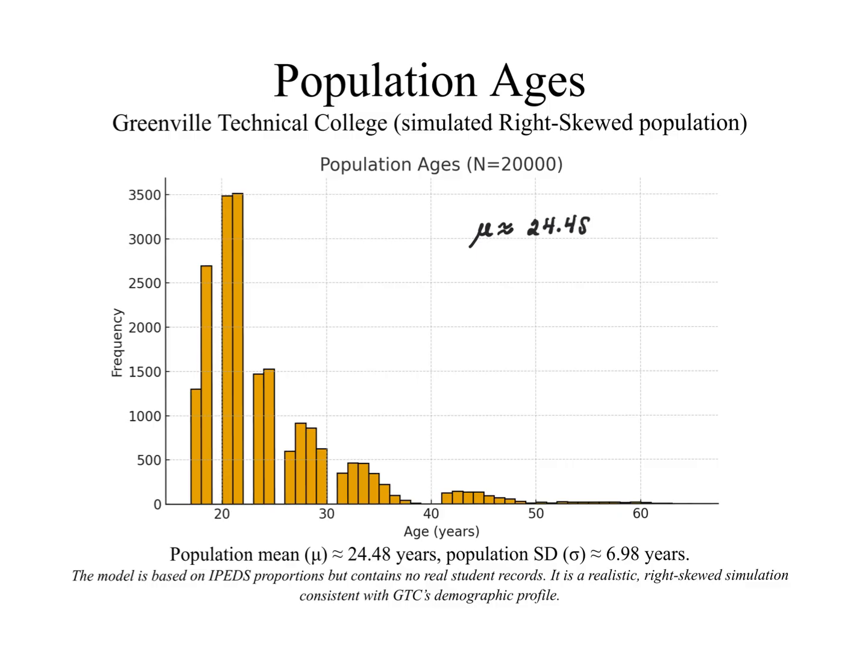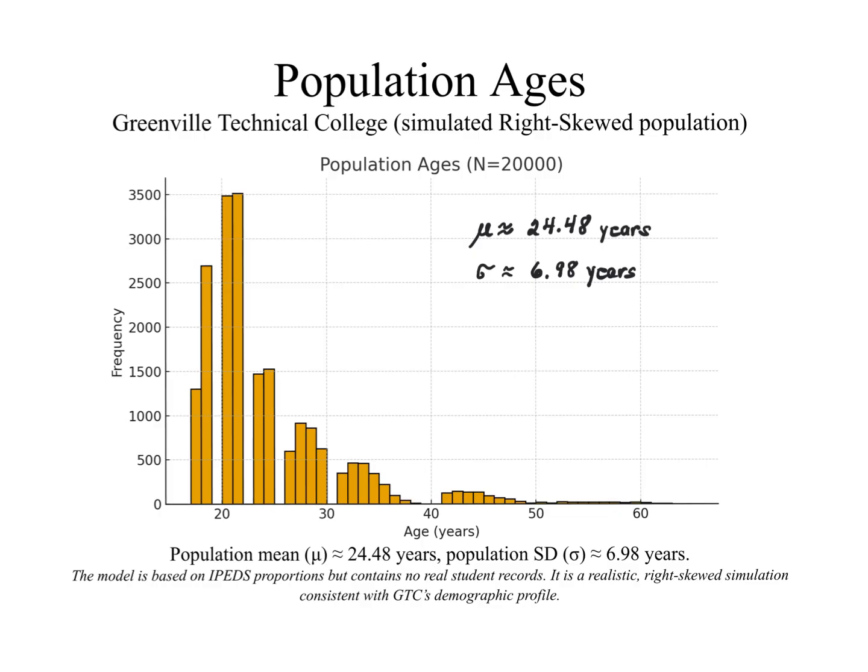That's the average age. And the standard deviation, sigma, is approximately 6.98 years. So that's our standard deviation, and there's our mean or average age in years.